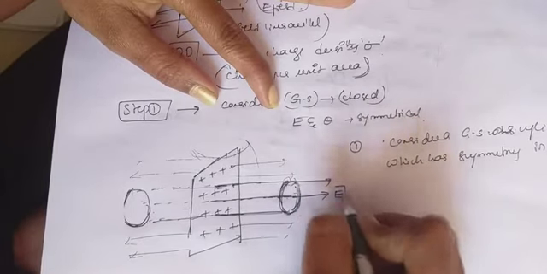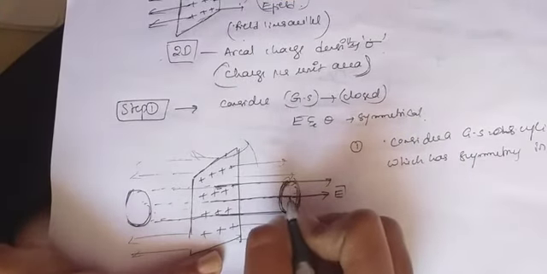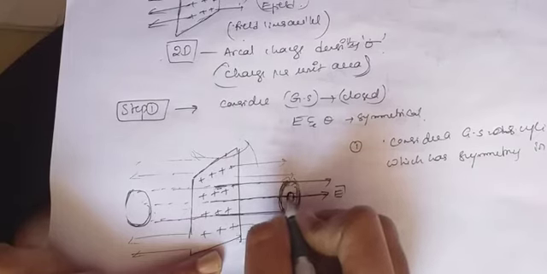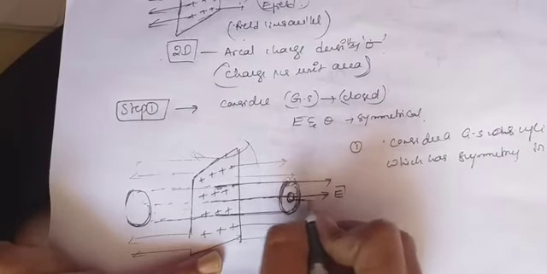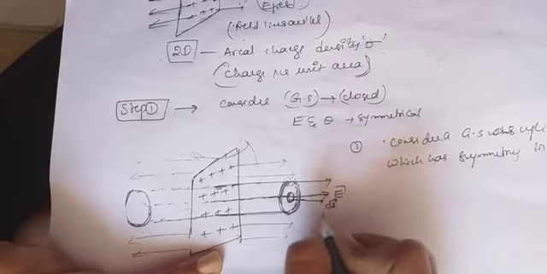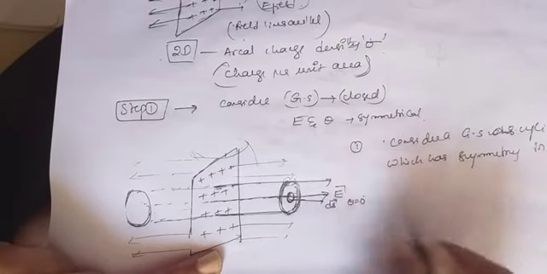This is the electric field direction. Just consider a small area; perpendicular to this area we have the area vector. Here the angle theta is equal to 0.